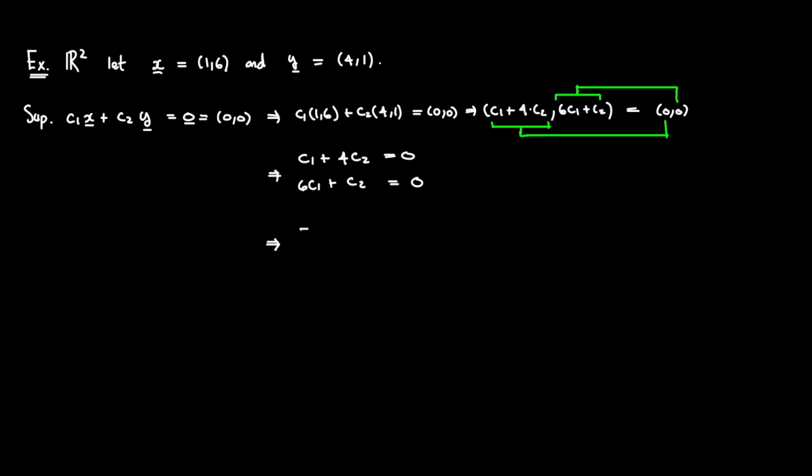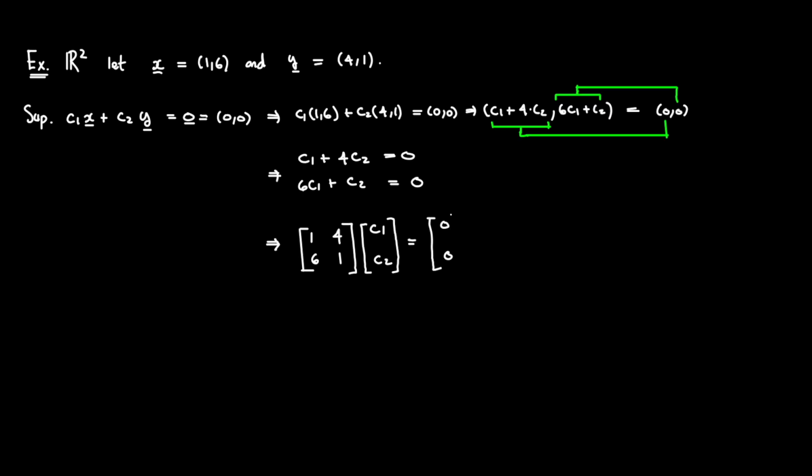We're going to rewrite this entire system as a matrix equation. So here we have the matrix (1, 4; 6, 1) times this vector (C1, C2), and this must be equal to (0, 0).